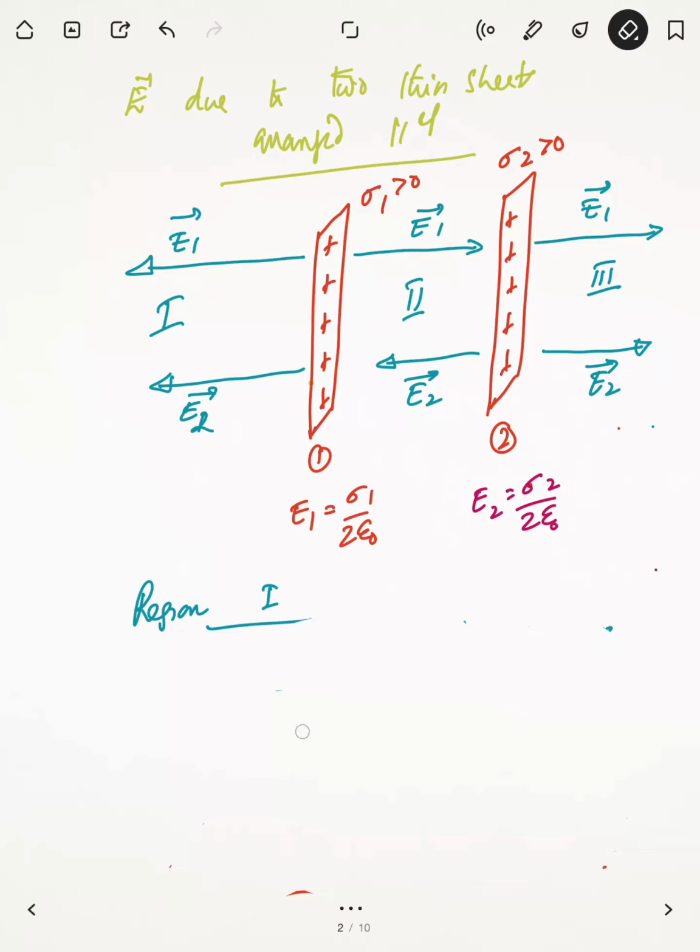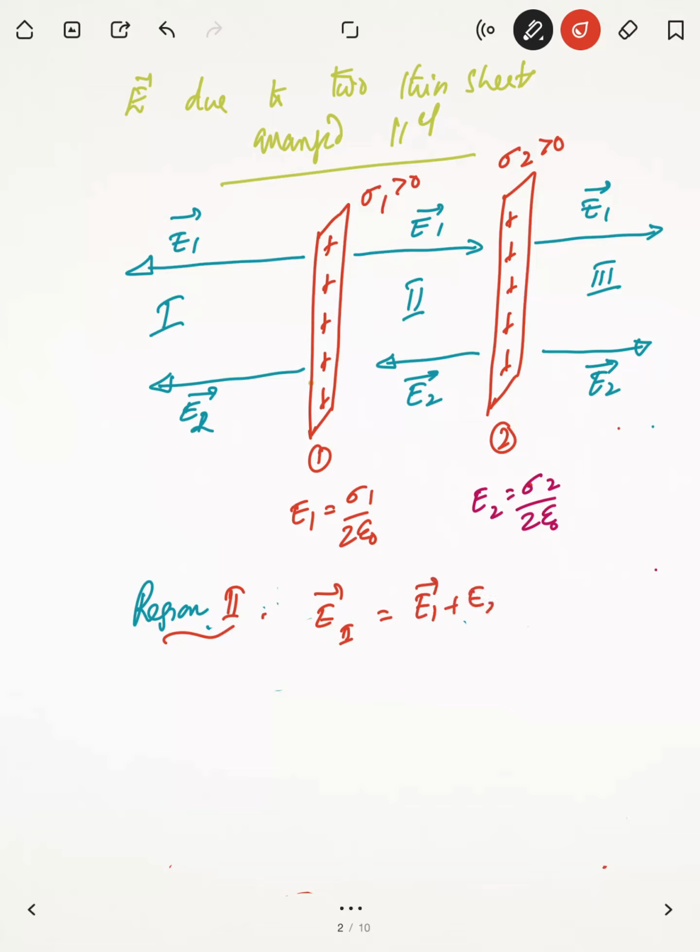And electric field in the second region is again a vector, obtained by the superposition principle. But here E1 vector and E2 vector are opposite, so we take the difference.